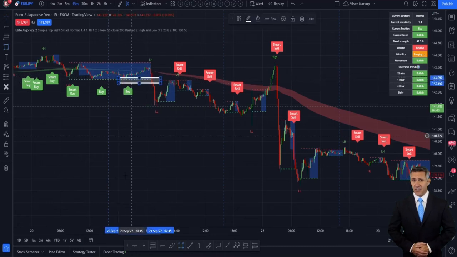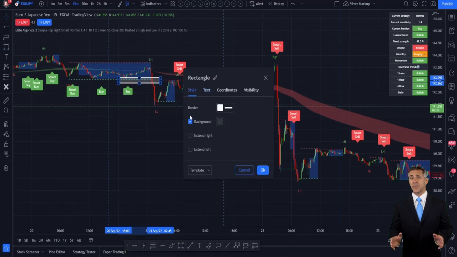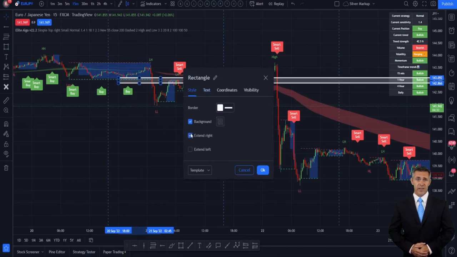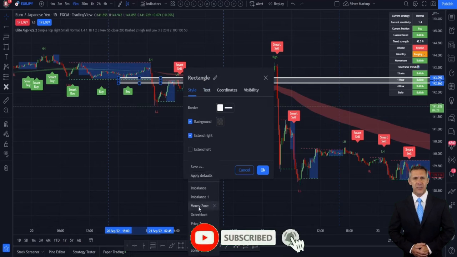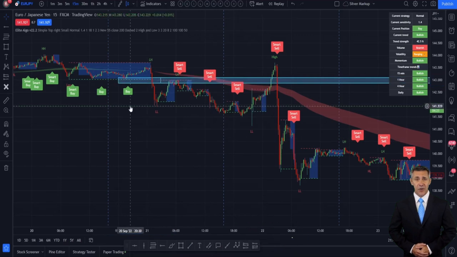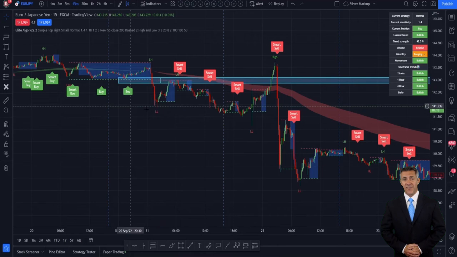One thing that you can do to make it easier when you're drawing this square is go right into the settings, go into style, and extend right. So let me actually change it to one of my areas. There we go. So extend right. That way I have a zone, because it doesn't necessarily have to be right on that line. You just want it around that zone.